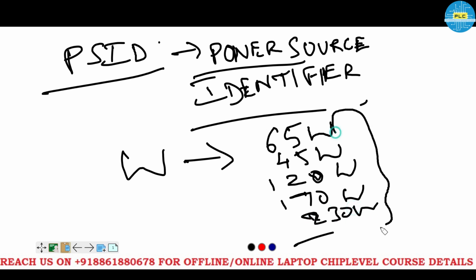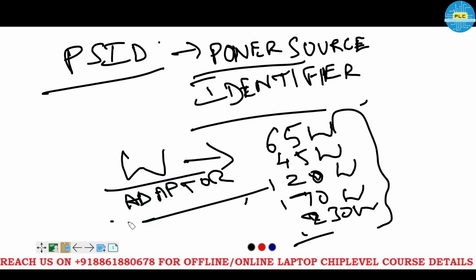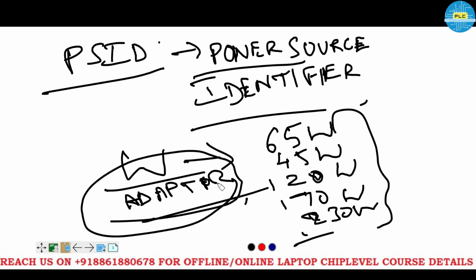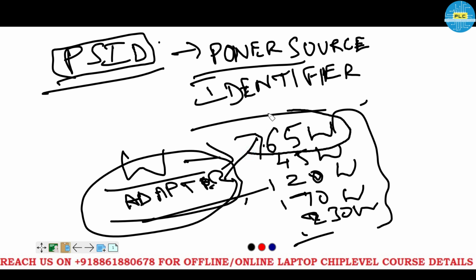So the wattage information which an adapter has, in the adapter what kind of wattage it contains, that information is nothing but PSID. Now you understood, right? PSID is a power source identifier that indicates the adapter wattage. It's 65, 45, 120, 170, 230, whatever it may be. It depends on the laptop; it will vary.